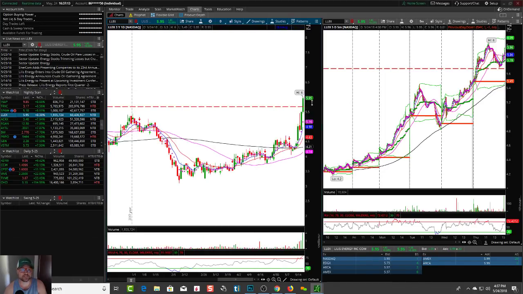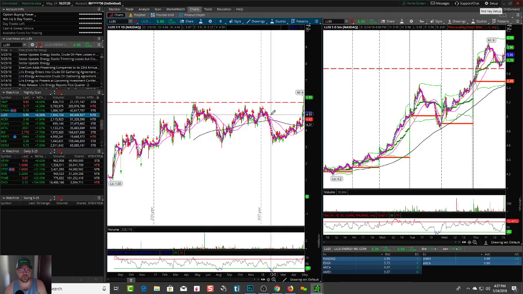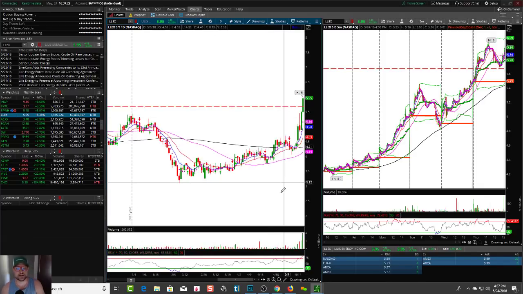It's definitely overextended right now. Could still go up, but could go either way at this point. I'm not going to put that one on. Very overextended on the daily.